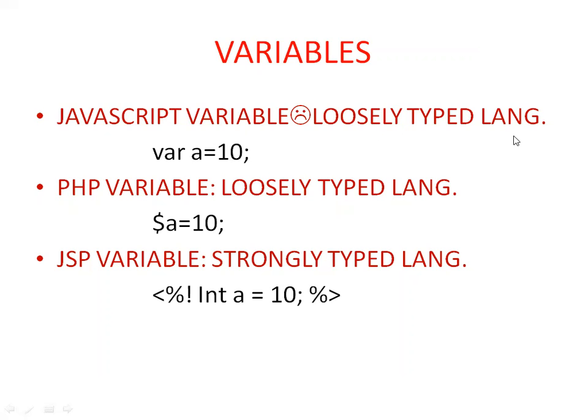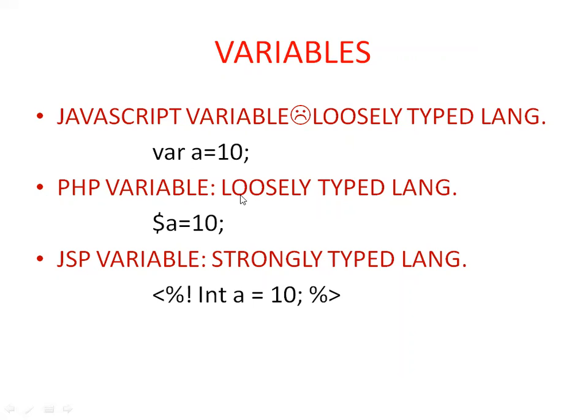There is no need to specify the data type. So here, we didn't specify any data type. What it means? You just use the keyword var followed by the variable name. That variable is holding the value 10. Here A is holding the value 10, which means A is an integer variable.